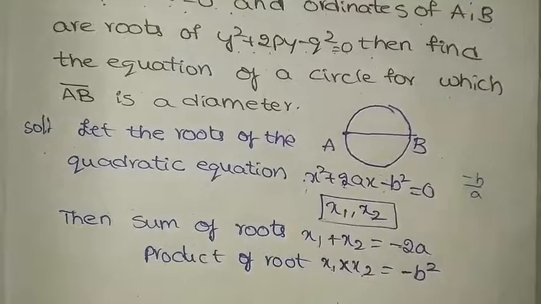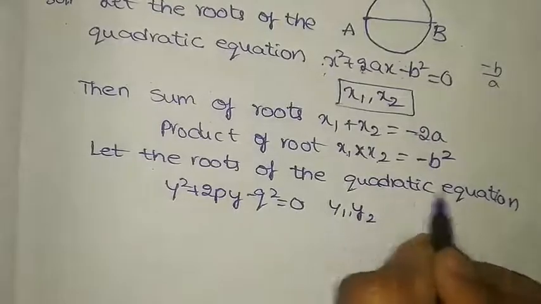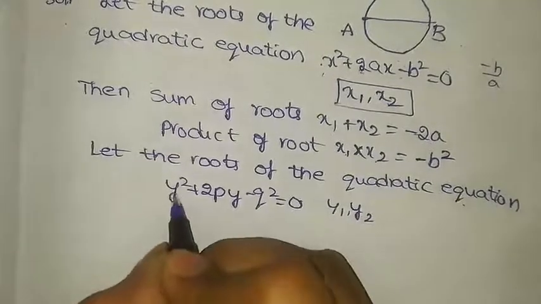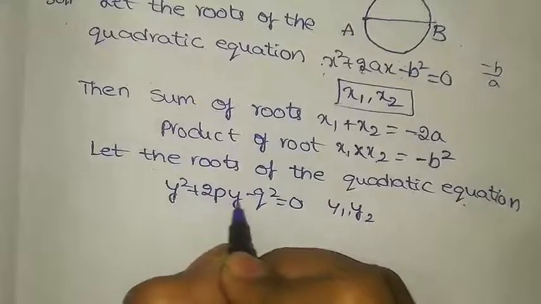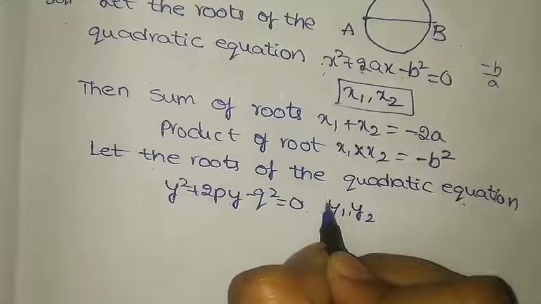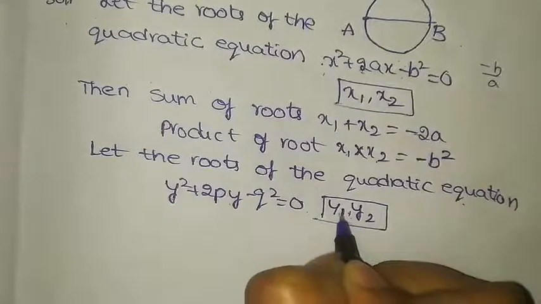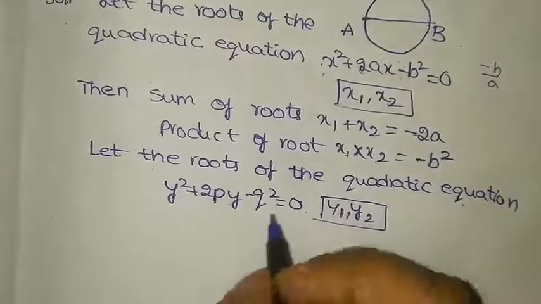The same condition we have to apply for the second equation. We have another quadratic equation, that is y square plus 2py minus q square is equal to 0. They given that the roots are the ordinates of A and B. So A and B have ordinates y1 and y2.